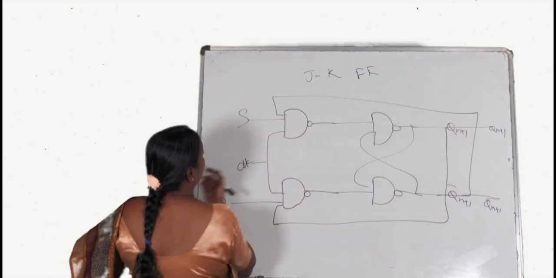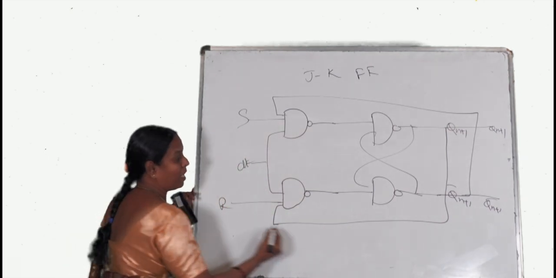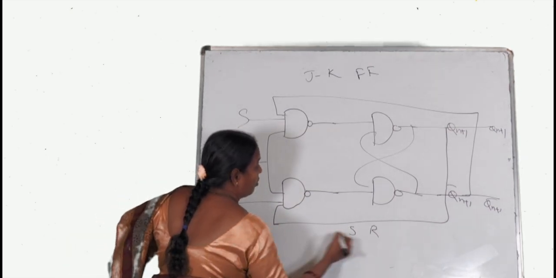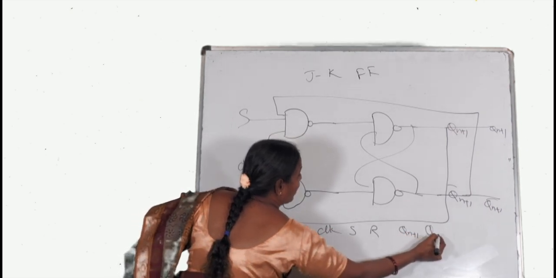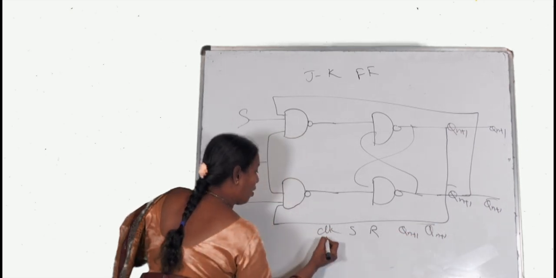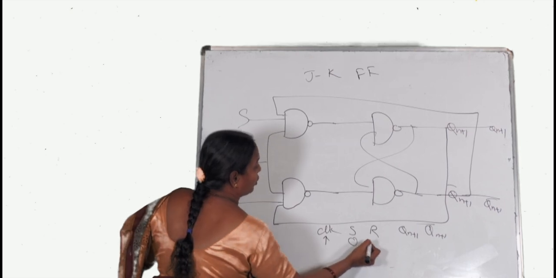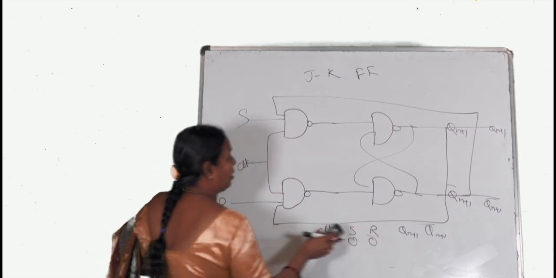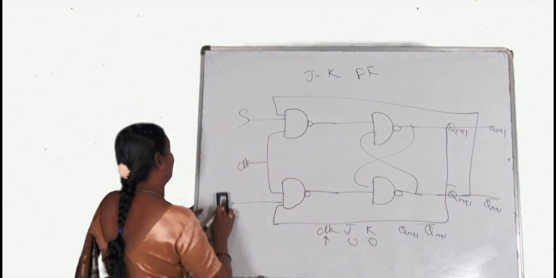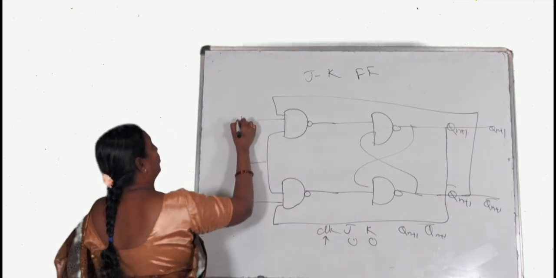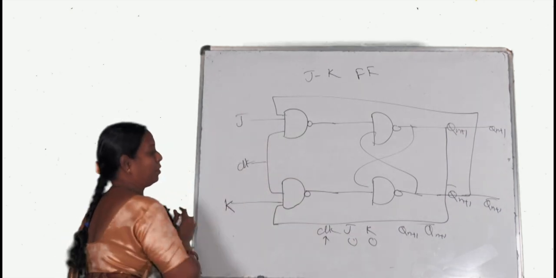When you observe here, now again the combinations S, R, clock, Qn plus 1 and Qn plus 1 bar. So repeat it. Sorry. Now we are going for JK. So take it JK. This flip-flop is known as JK flip-flop.